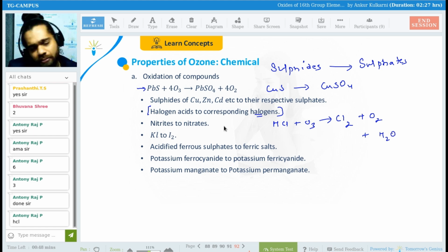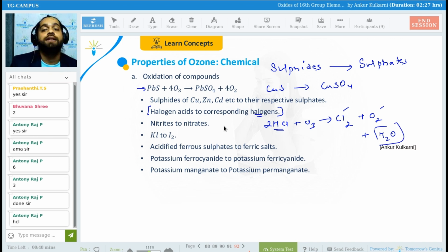So if I have to balance it, come on, write down the reaction. This is your halogen acid, HCl. Cl is a halogen, correct? HCl is a halogen acid. If I react it with ozone, the chlorine gas will be liberated, oxygen gas will be liberated, and water is released.